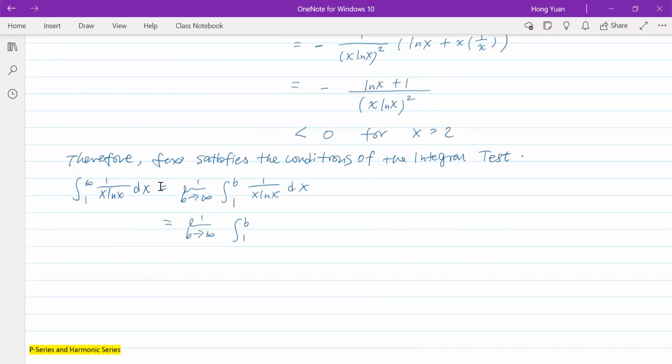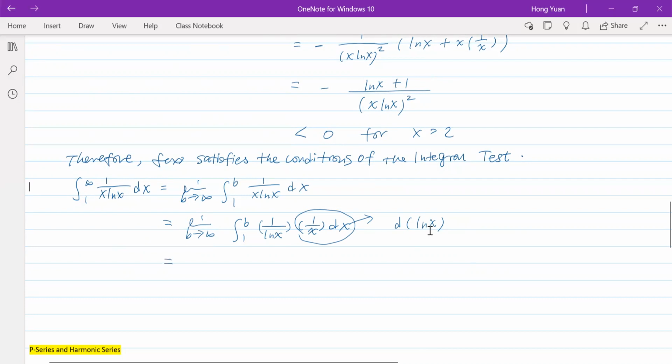We can rewrite this as 1 over ln of x times 1 over x dx. Think about this: you can write this as d of ln of x. So you think of u as ln x.